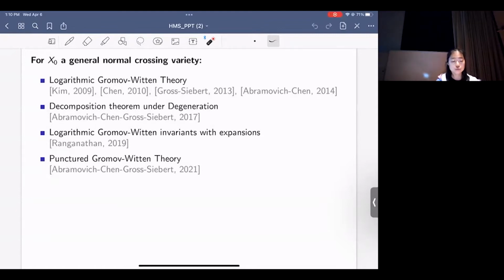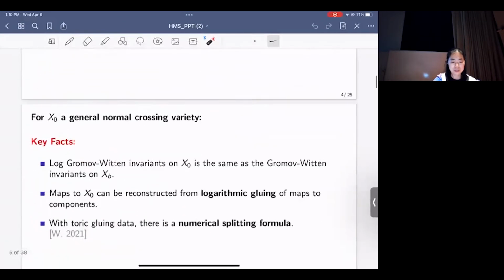Then Ranganathan used the original idea of expanded degeneration to study Gromov-Witten invariants, and later to address the second question, where we want to reconstruct the invariants on the central fiber from each component. The punctured Gromov-Witten theory was proposed a year or two ago.